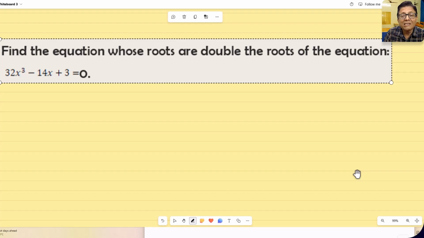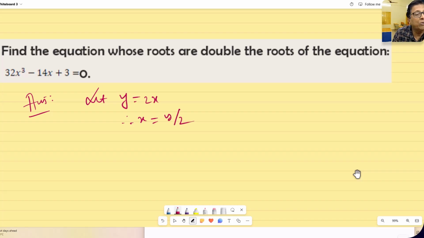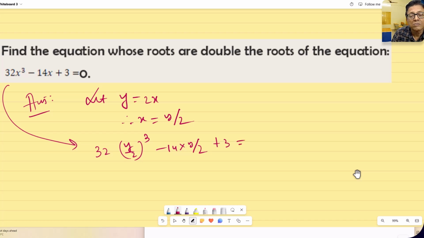Now the problem is to find the equation whose roots are double the roots of this equation. This is just another example. You start in this manner. Let y equal to 2x. So x is y by 2. Substitute there. 32 into (y by 2) cube, minus 14 into y by 2, plus 3 equal to 0.